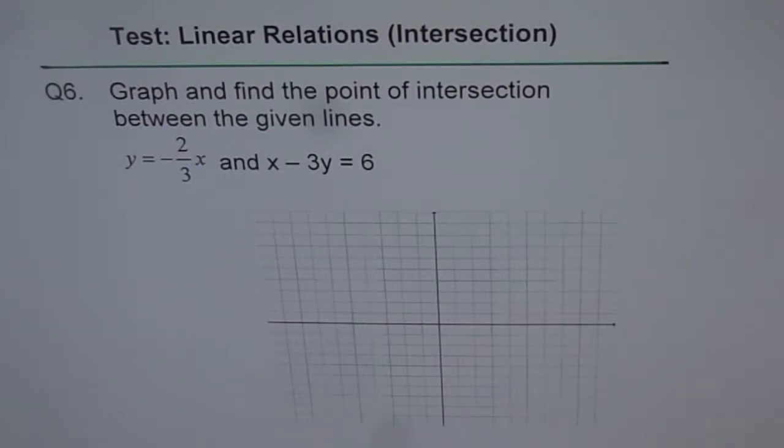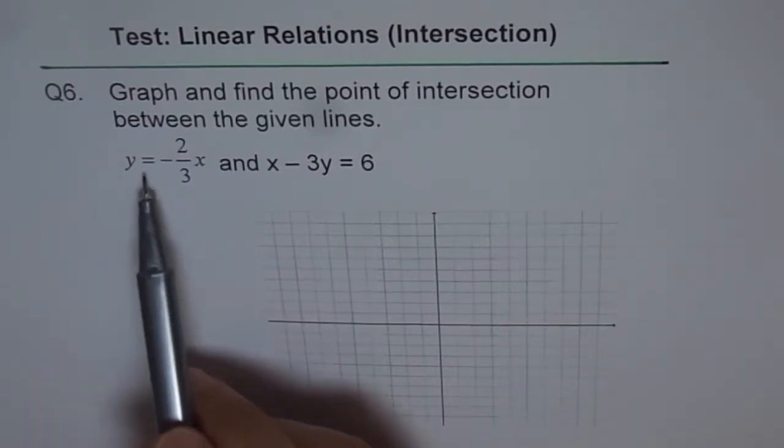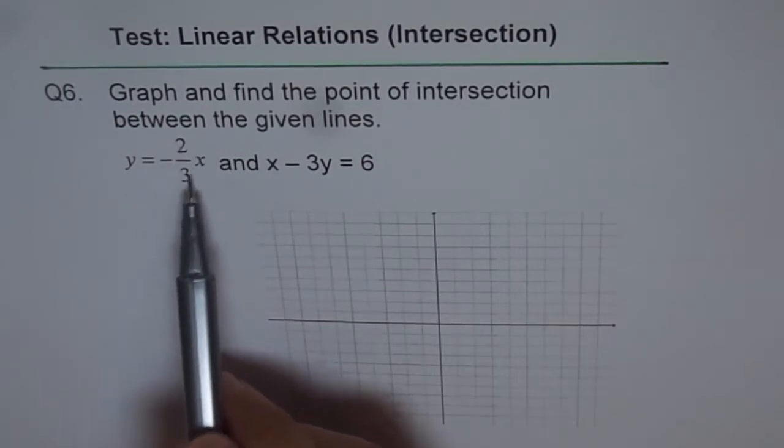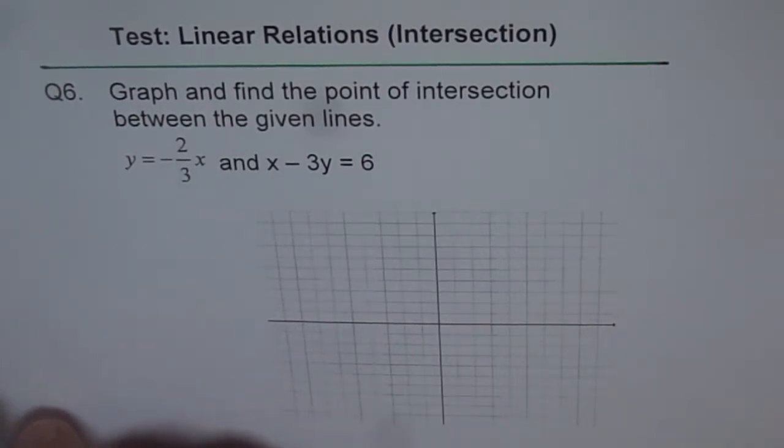Here is my suggestion. The very first one is y equals to minus 2 over 3x. This is slope and intercept form, and at times I find students getting stuck because they don't have the starting point. They say, well, the y-intercept is missing. So from where can I start? That's a big question, right?